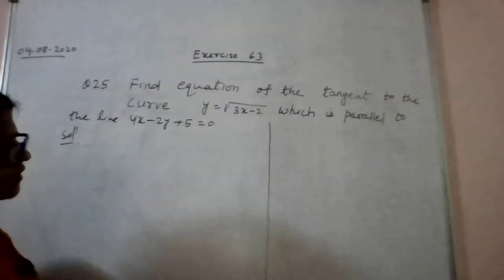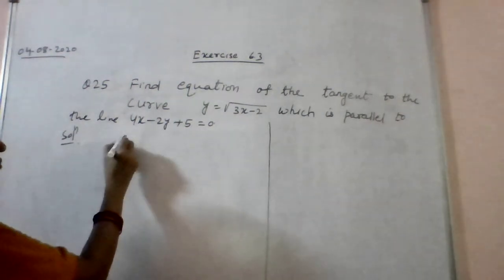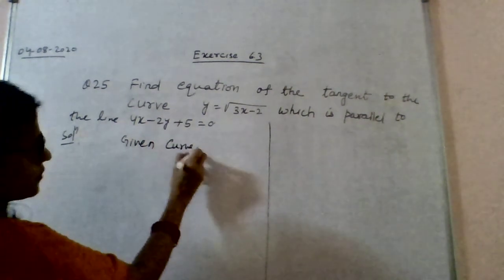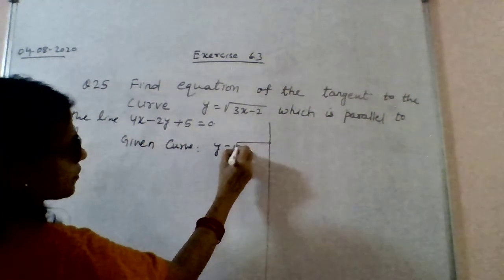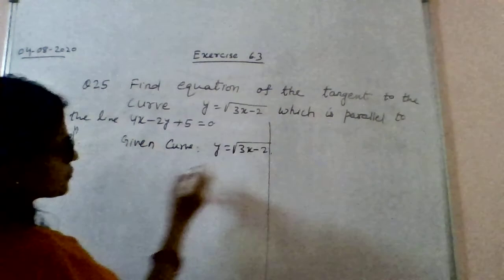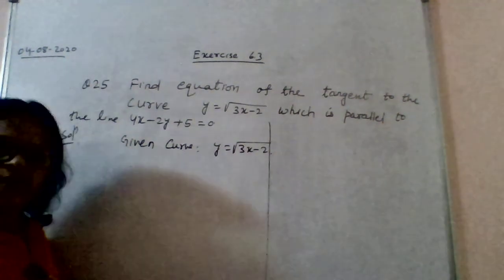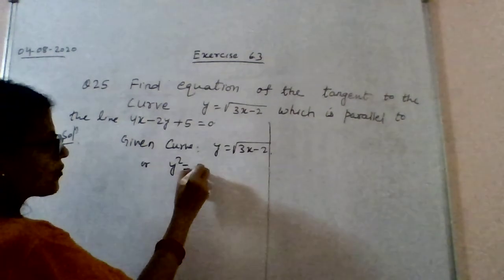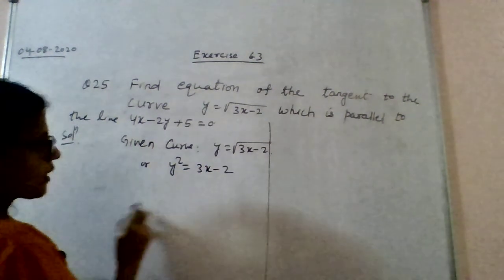So let's get the derivative of the curve first. Given the curve y equal to under root 3x minus 2, you can differentiate directly from here, or you may write y square is 3x minus 2.